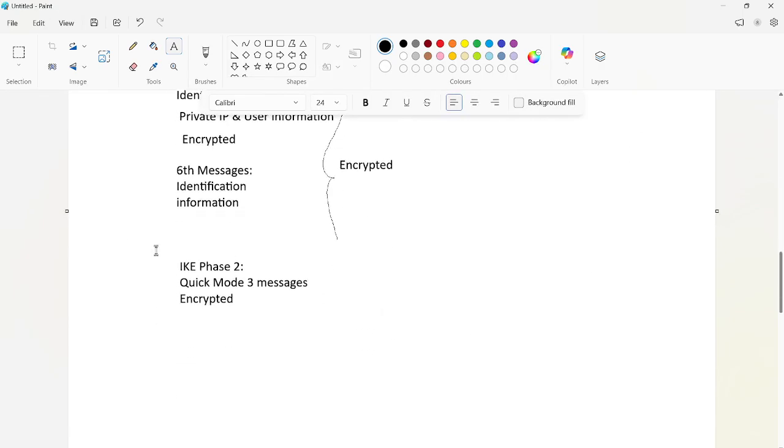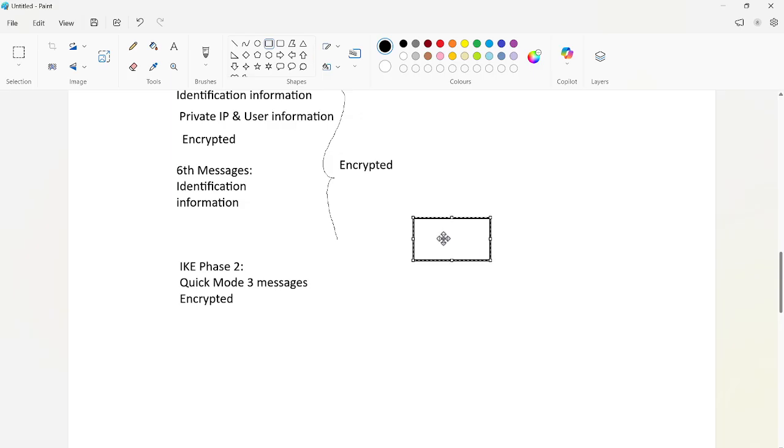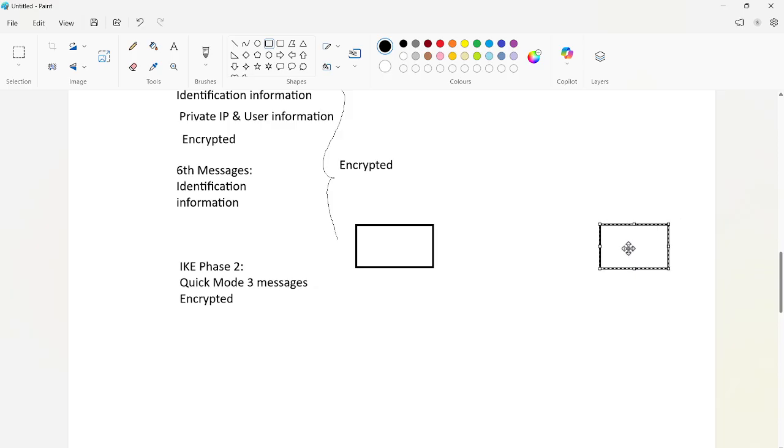But in quick mode, all three messages are encrypted. Any guess why? Anyone? Student: For faster connection. Faster connection would mean three messages, that's okay, but I'm asking about the encryption part. Why are the three messages encrypted?